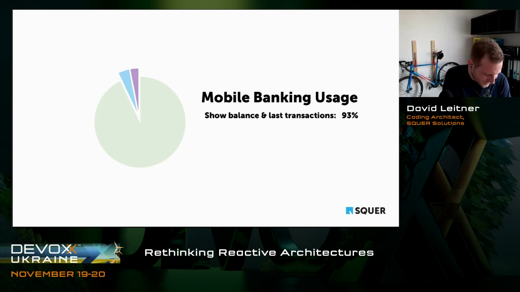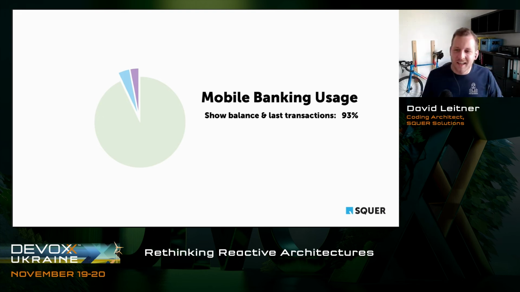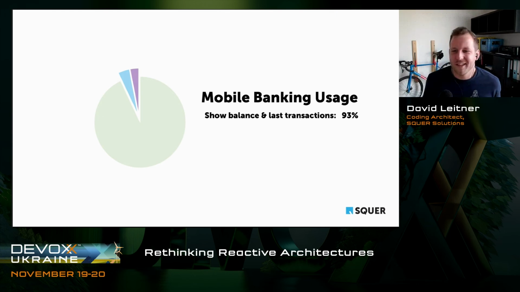Usually you open the app, see, okay, what's my current balance, what happened the last 3 days, and then you close it again. So 93% is just about, hey, give me the latest balance and give me my current transactions, right?